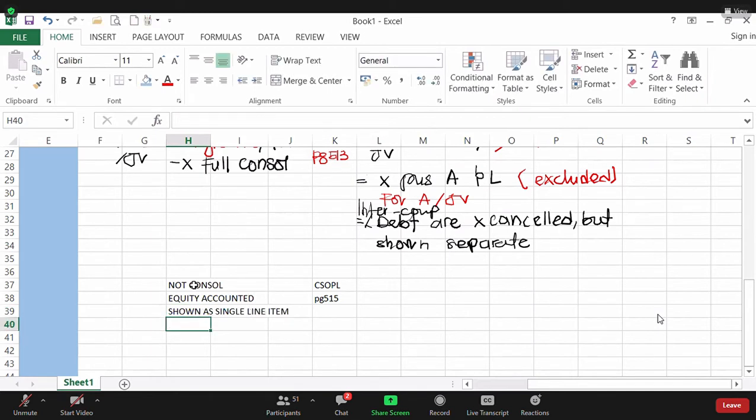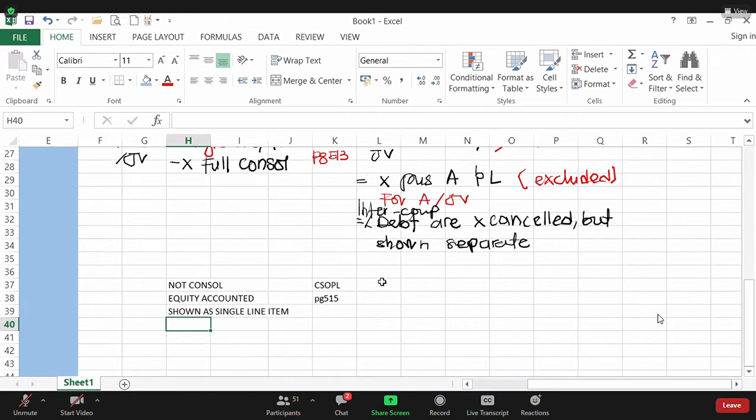Okay. So now when you do SOPL, you're going to show a single line item. And you do not consolidate items of associate and JV under SOPL, which means you do not take associate and JV income and also expenses. You totally ignore. So if we ignore that income and expenses, how do we want to show our transaction with the associate in our book?